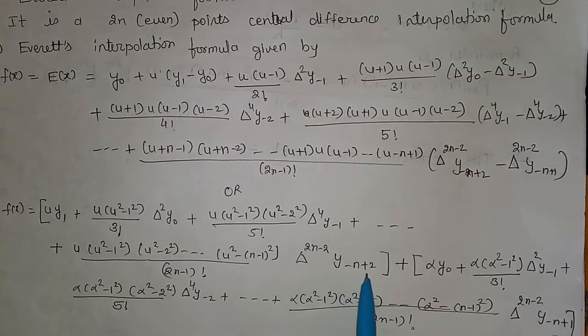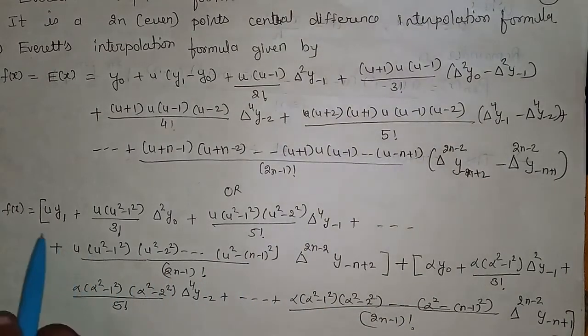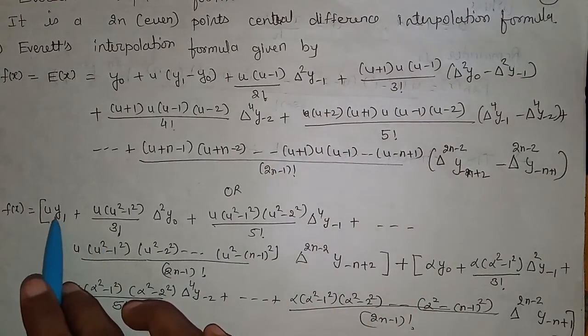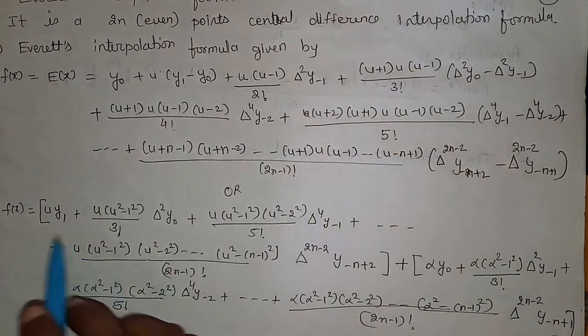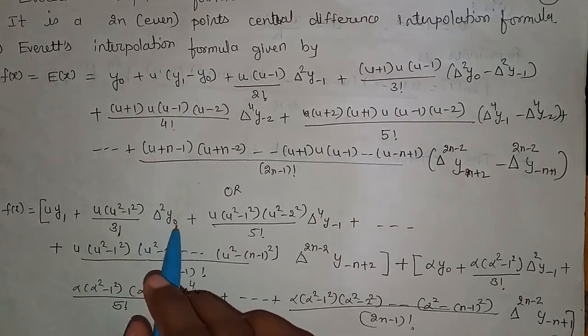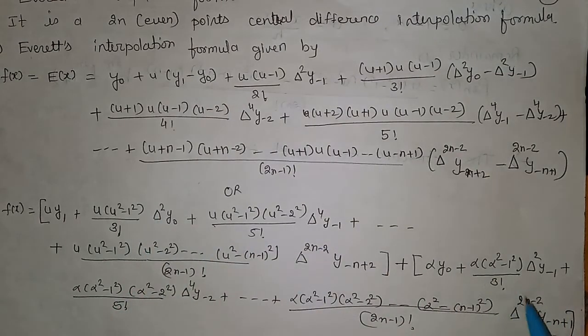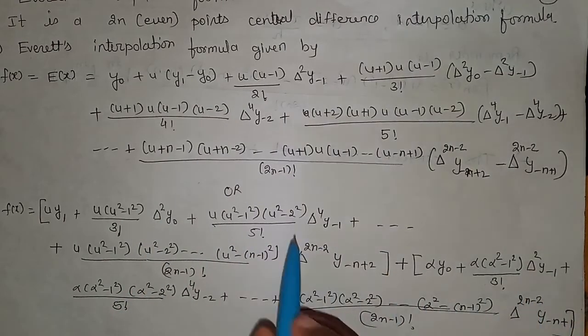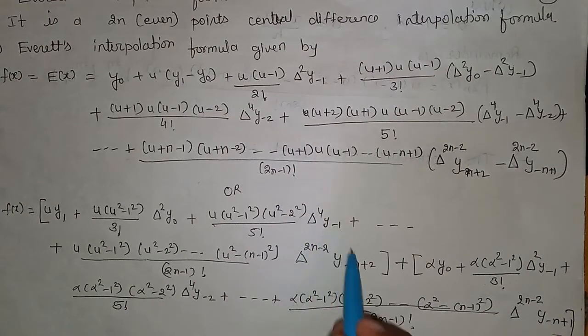and plus, this is the bracket for the first value u. Here we write the same thing, but instead of u we write alpha, and accordingly y0, y1 change. So here it is u y1, here alpha y0; here delta square y0, so one less from that, delta square y minus 1; here delta raised to 4 y minus 1, so here delta raised to 4 y minus 2.